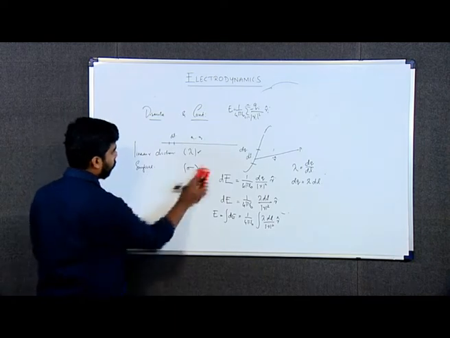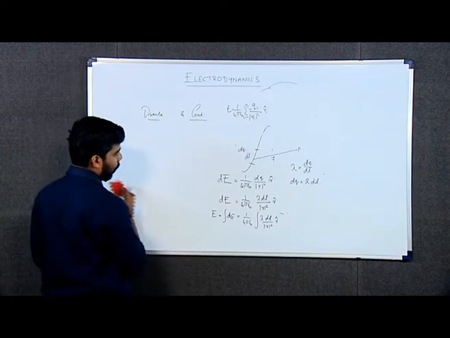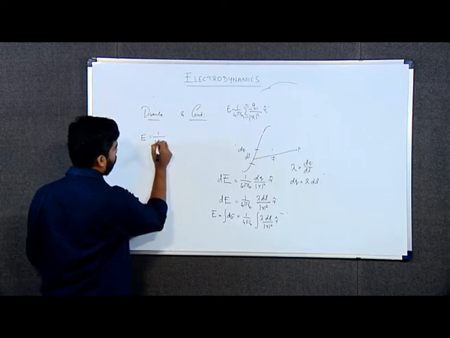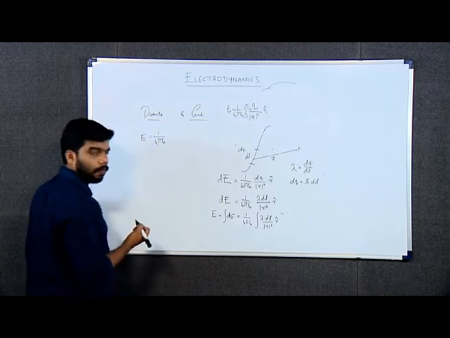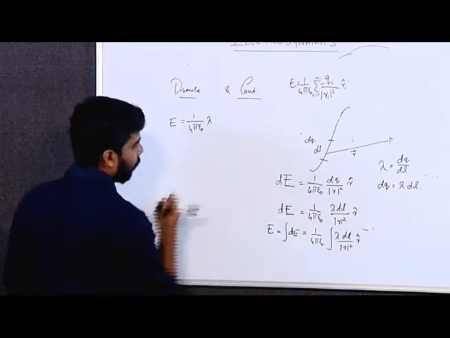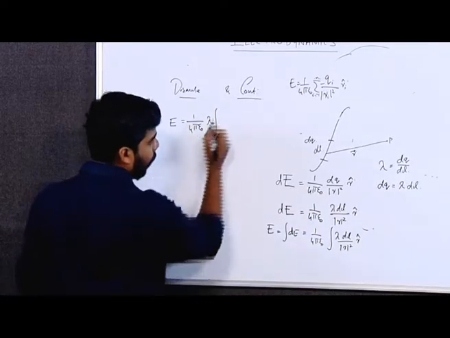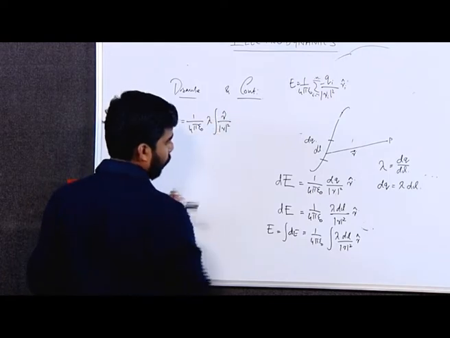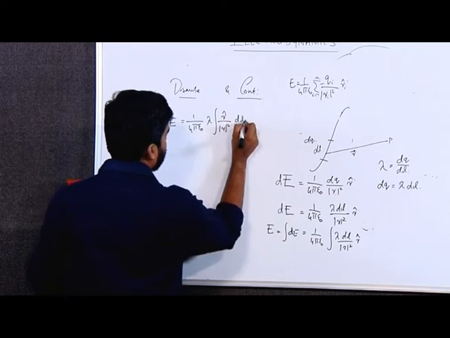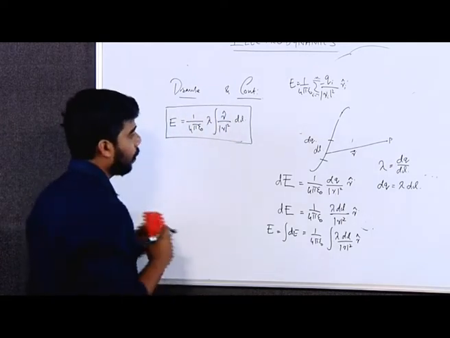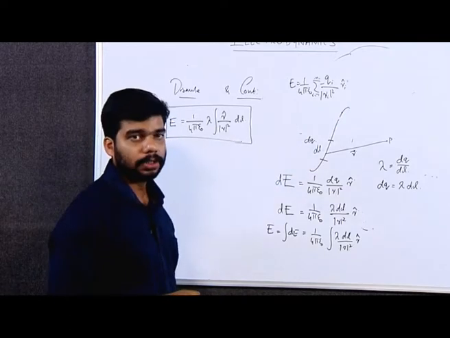On rewriting that equation, E is equal to 1 by 4 pi epsilon 0, lambda is a constant so lambda comes outside, and integral r cap by modulus of r square into dl. This is the equation for the electric field produced due to a continuous line charge distribution.